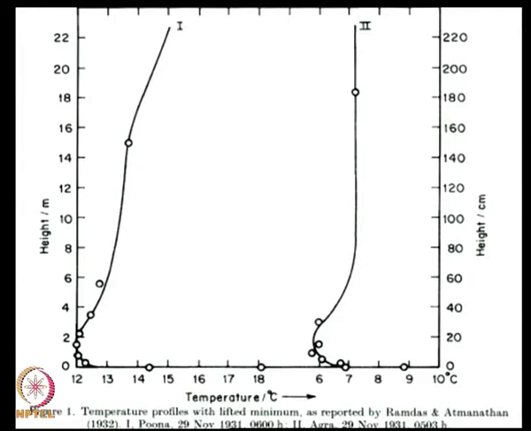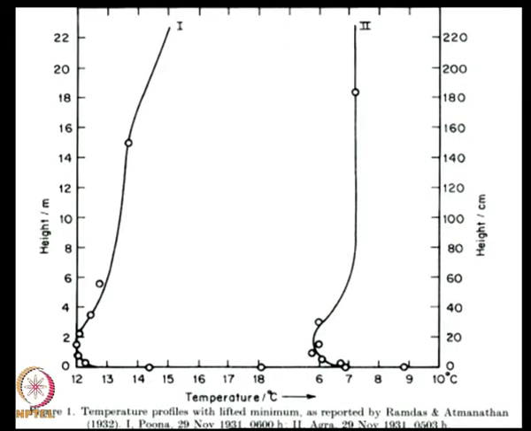Some people argued that maybe there is a dust layer near the ground which enables the air to cool more effectively because of the presence of dust. But in many of the observations made both in India and also later abroad, there was no indication of existence of dust layer.